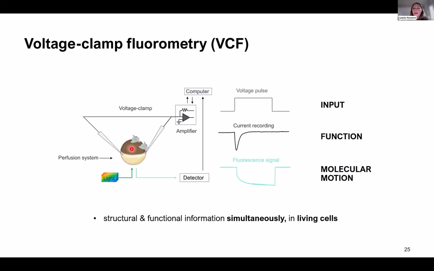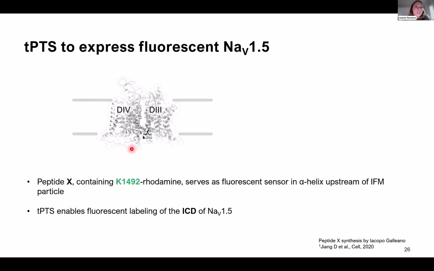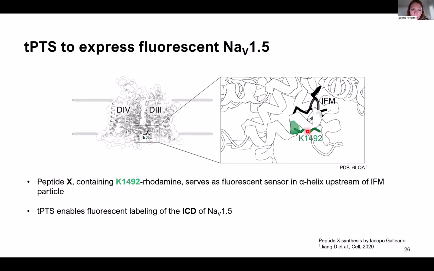But for this, NaV1.5 needs to be functionalized with a fluorescent probe. And we have again used tandem protein trans-splicing to express fluorescent NaV1.5. This time, the peptide X has been synthesized with a rhodamine that is covalently linked to a lysine just upstream of the IFM motif. This represents, to our mind, a technological advance because with this technique, it's possible to label the intracellular domain of NaV1.5 with a bright and photostable fluorescent probe.